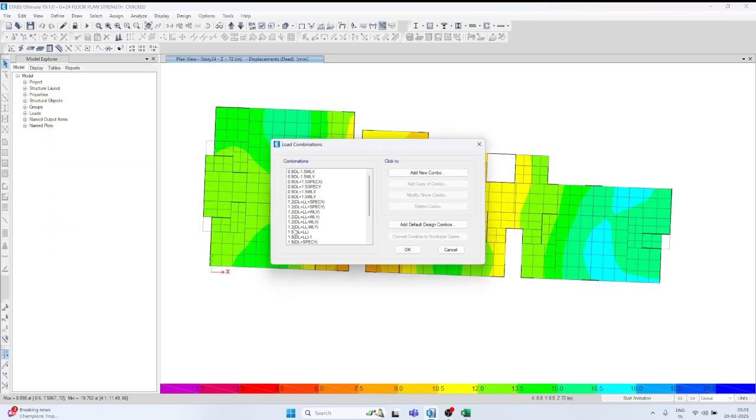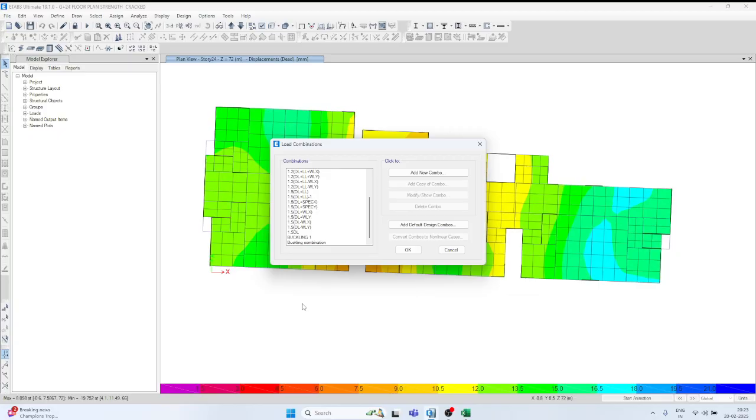Now go to Define, Load Combinations. When you perform the designing, instead of dead load, see, here dead load is already provided. In load combinations, instead of dead load and live load, you have to provide 1.5 times buckling.